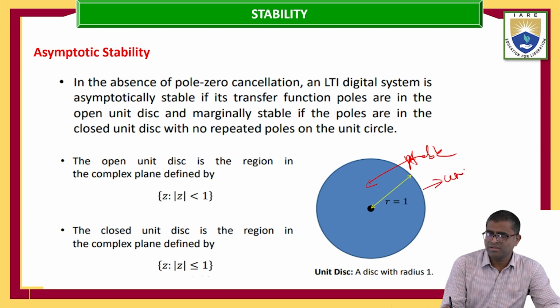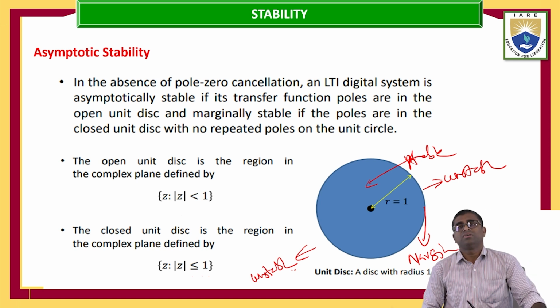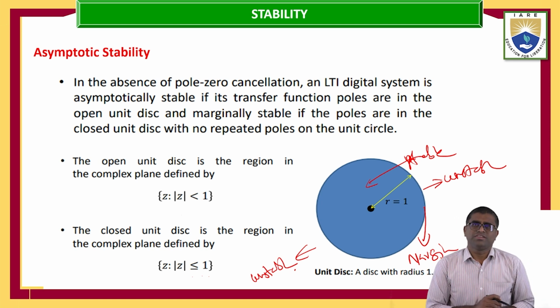Outside the circle, unstable. On the circle, marginally stable. Outside the circle, unstable. So you have to remember these three things.